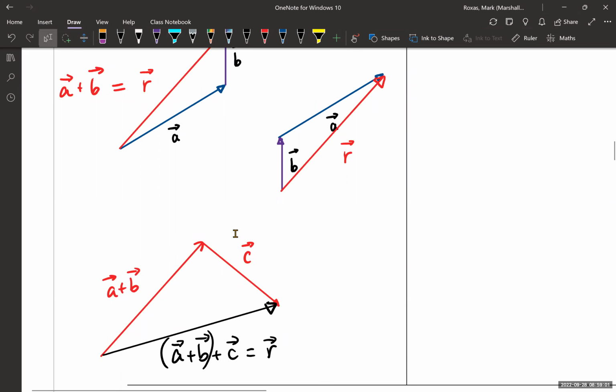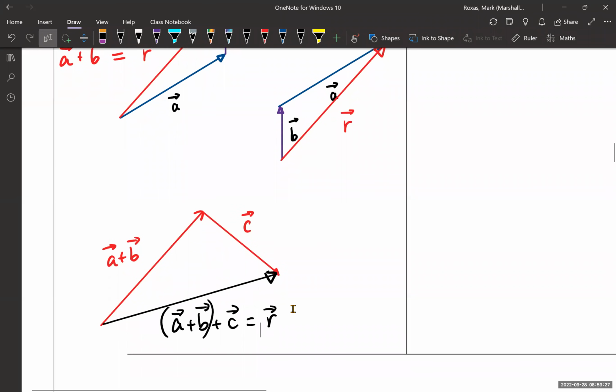Okay, notice my vectors go head to tail when I add them, but when I find the resultant, it's tail to tail, head to head. Do not draw the resultant the other way. Do not do head to tail, head to tail, head to tail. It has to be the tail of the first vector to the head of the second one, and you draw the arrowhead for the resultant there at the second one. Maybe I should make a little note of that.